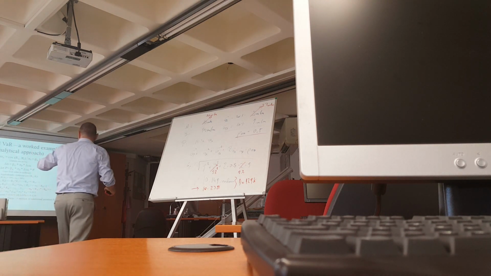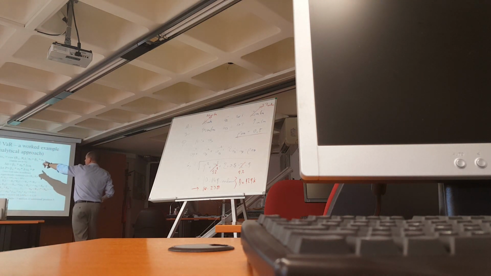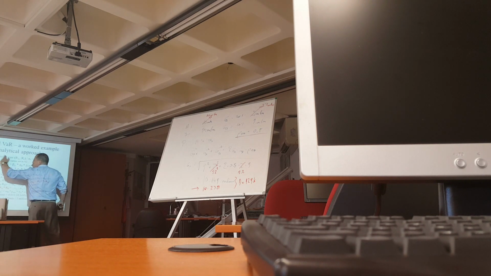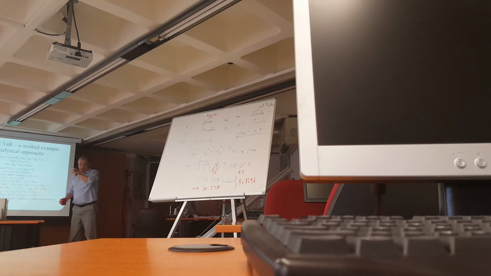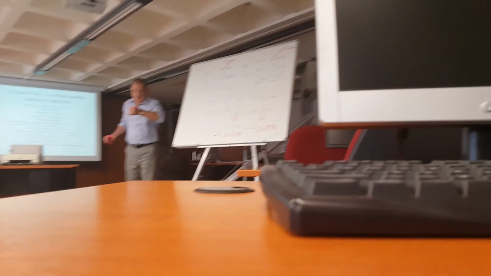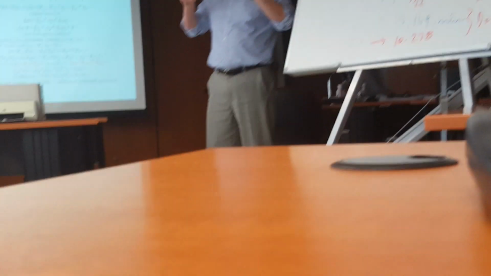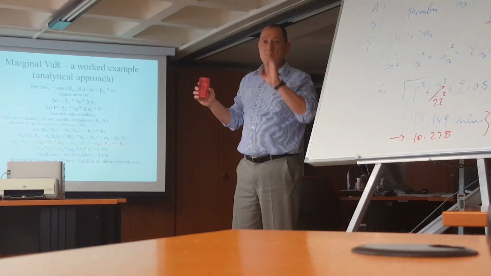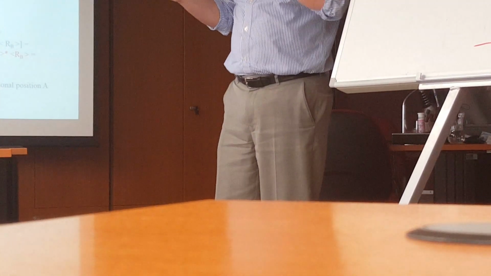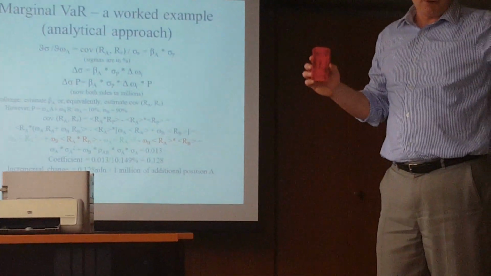Has anybody wondered, when I say this derivative with respect to weight A, does it mean that all other weights have to be adjusted so that the summation is still 1? No, it doesn't. And this is what we're going to show here.